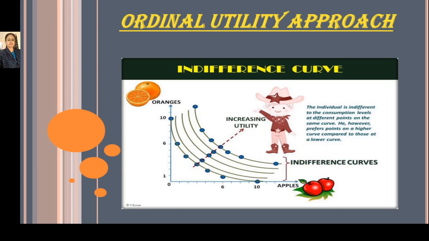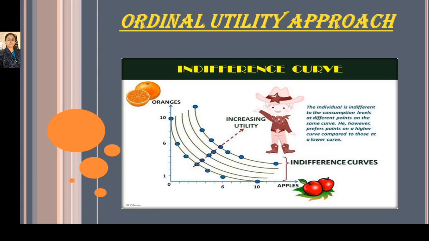As we have already discussed, cardinal utility analysis is that analysis in which the utility gained by a consumer from the consumption of a commodity can be measured in terms of numbers. Means it is measured cardinally in terms of numbers 1, 2, 3 and so on.